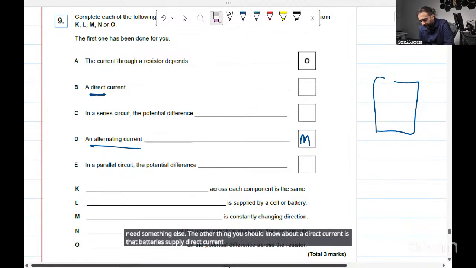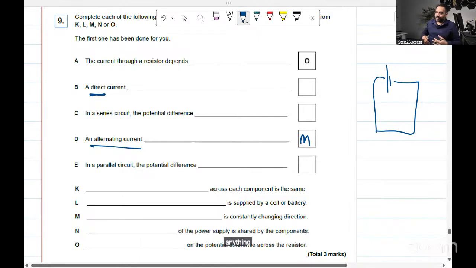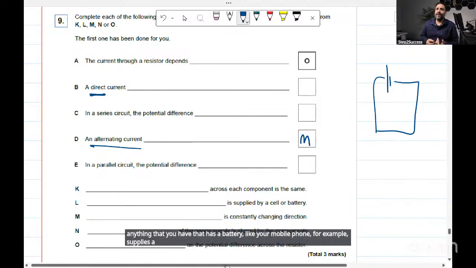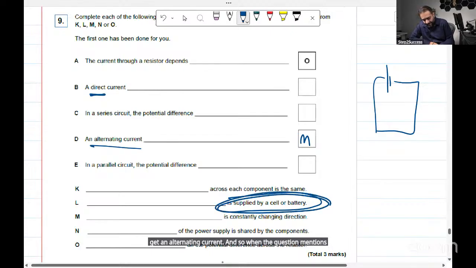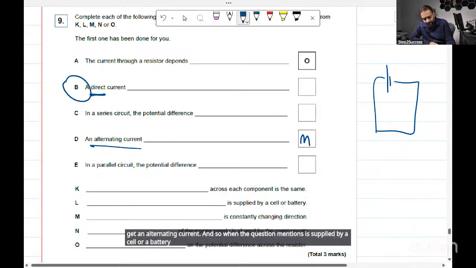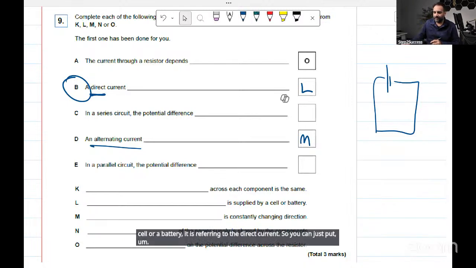So anything that has a battery, like your mobile phone, for example, supplies a direct current. Whereas things that you plug in to the wall get an alternating current. And so when the question mentions is supplied by a cell or a battery, it is referring to the direct current. So you can just put L there for that.